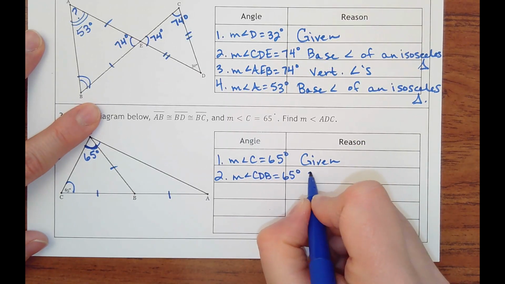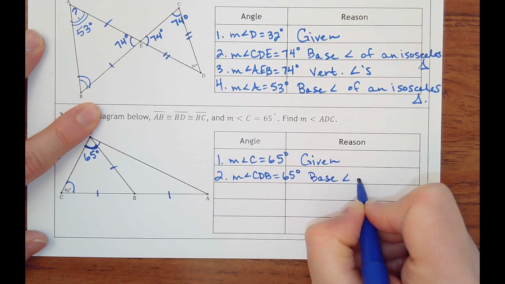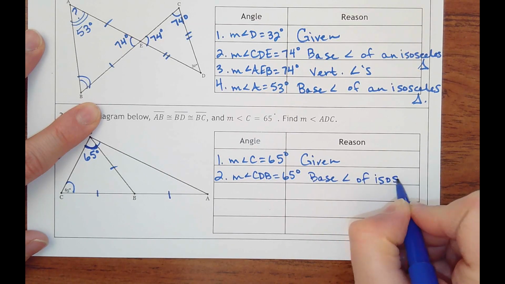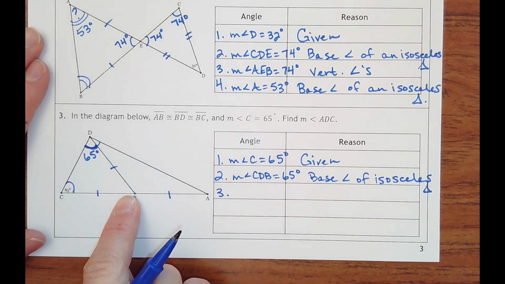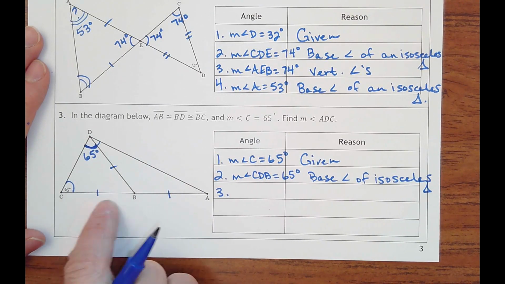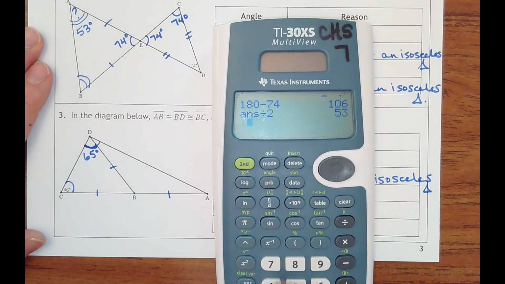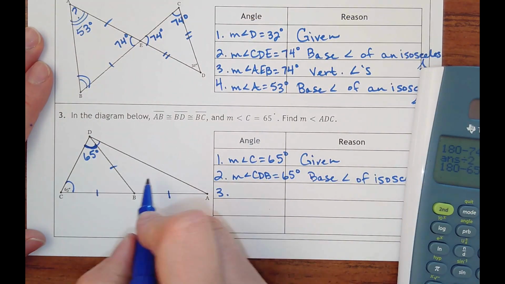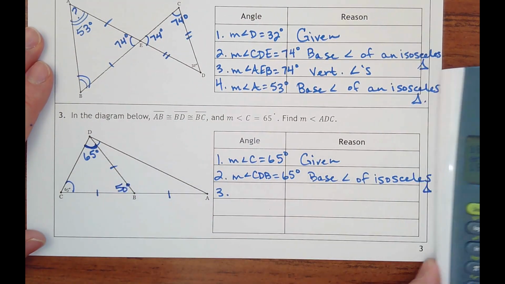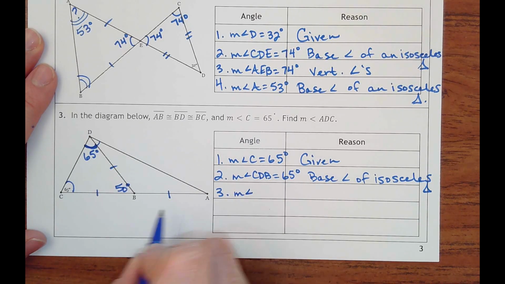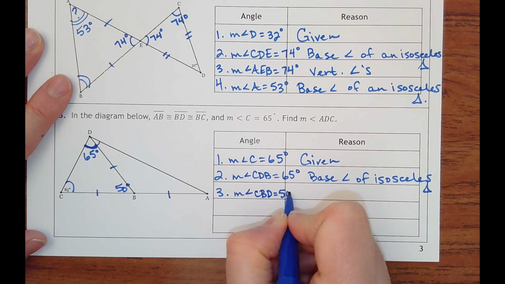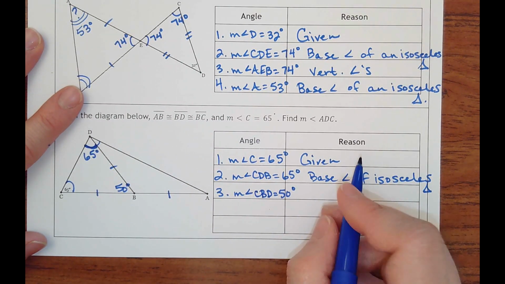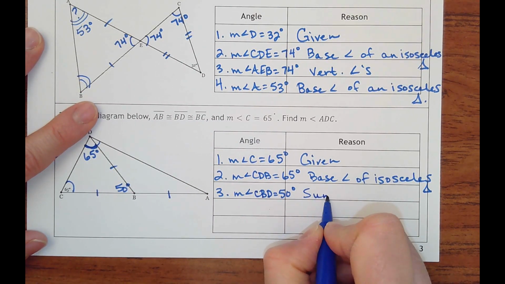And that's the base angle of an isosceles triangle. Then I could figure out here, because I know there's 180 degrees total, so 180 minus 65 minus 65 tells me that this angle's 50. CBD. And that was that sum of angles in a triangle.